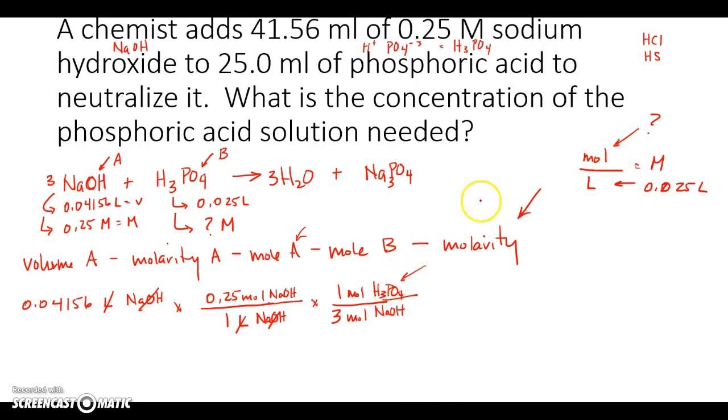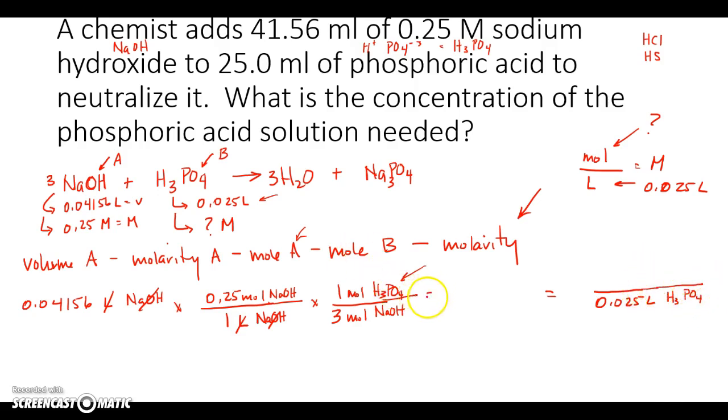Okay? And that gets me where I wanted to be, if you notice. Remember, I needed to have moles of B, and there they are, moles of B. So I can essentially stop right here, because remember from molarity I was looking for moles over liter. The liter I was given already, so that's 0.025 liters. Where did I get that from? I got it from right here of the H3PO4. So let me now just solve for my moles.